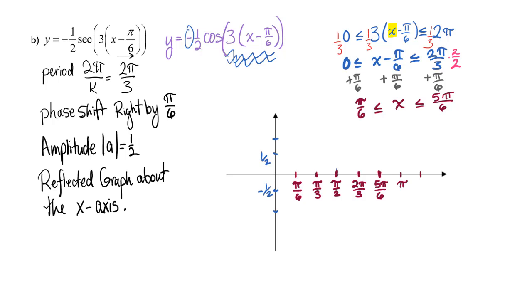And now I'm going to draw the interval in highlighter where this function exists, from pi over 6 to 5 pi over 6.